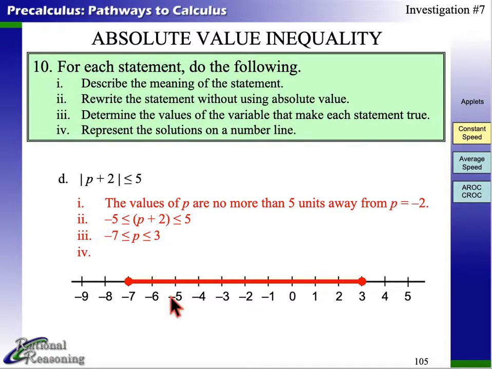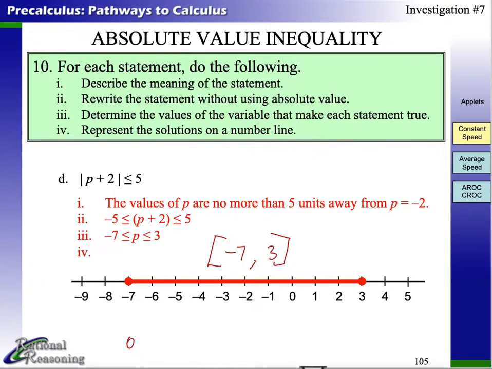So, what's that going to be here? Interval notation would be from -7 to 3. The previous one, we would have parentheses because it wasn't included, but this is with the included one.